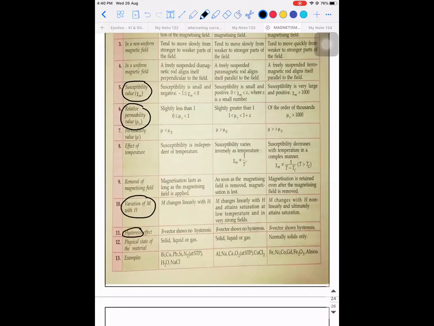Since these definitions are slightly tough, I'm giving you some more time to prepare. We will discuss this table in the next class, and we can complete this chapter in the next class at most.